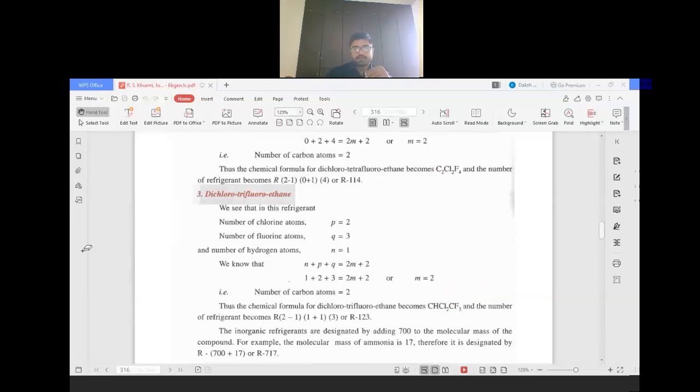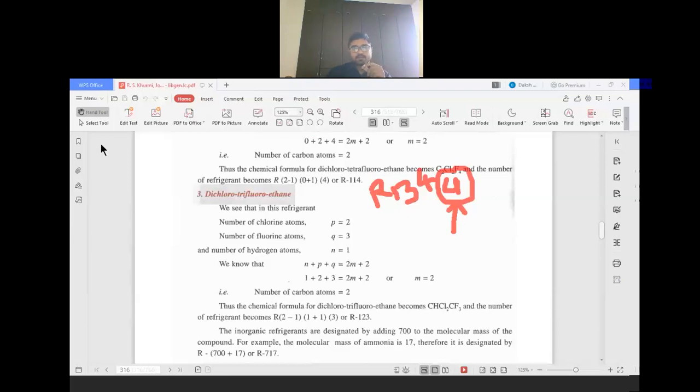And another rule is that suppose two refrigerants have the same formula, but we know that some of their characteristics are different. At that time you need to add one suffix, small a. We know that R134 and R134a, both refrigerants are basically different. Clear? That rule is also given in the book, you can read on your own.